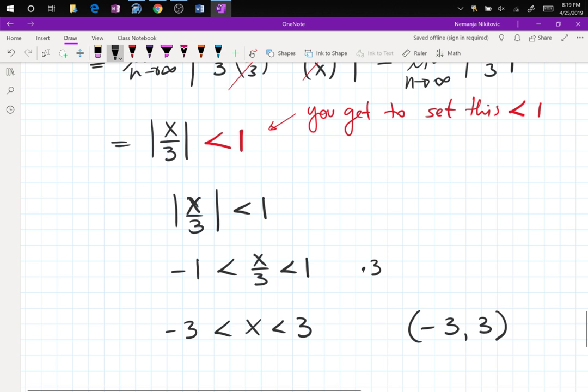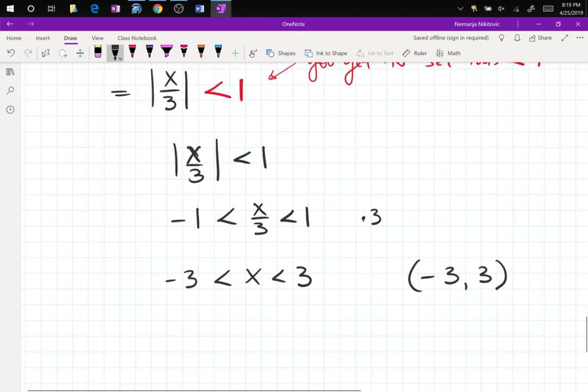This means that any number that you pick from this interval, your power series converges. Any number outside of this interval you pick, it diverges. So this is your interval of convergence, right?